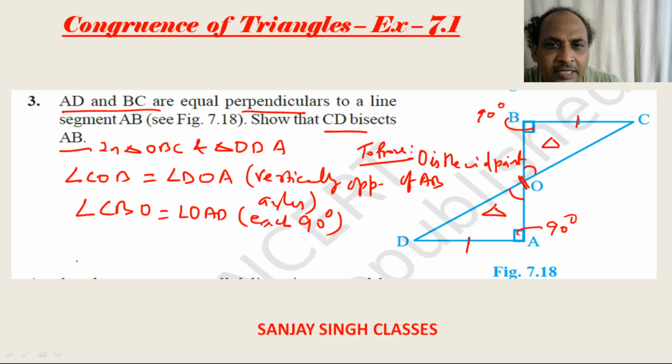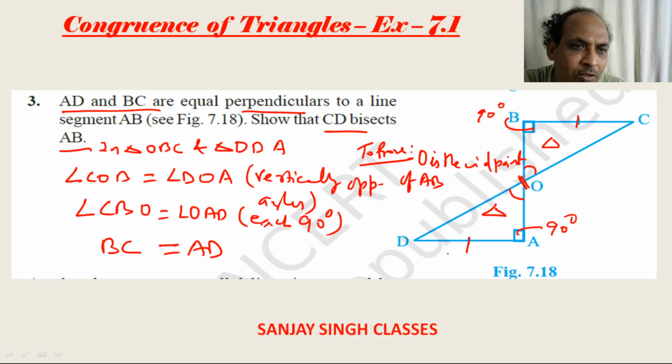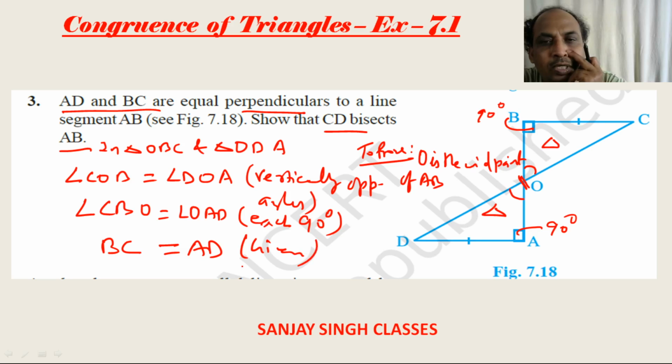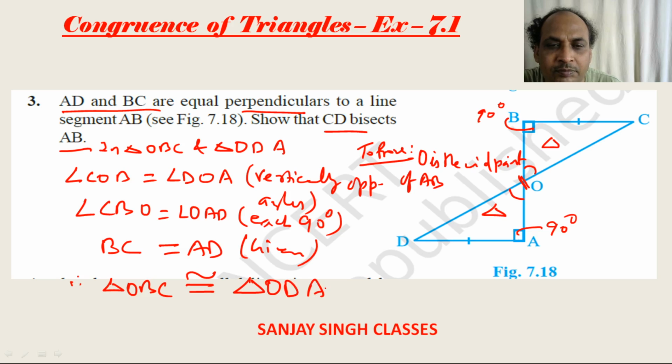And one side BC is equal to AD, which is already given to us. So two pairs of angles and one pair of sides are equal in both triangles. Therefore, triangle OBC is congruent to triangle ODA by the AAS rule.